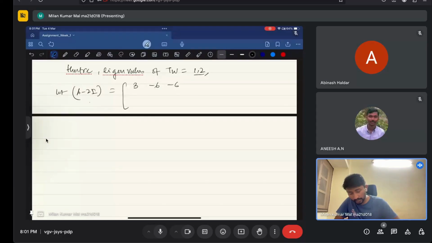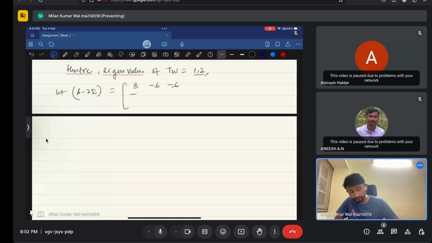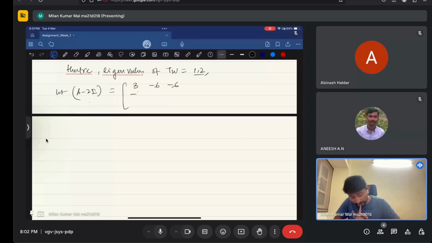So (A minus 2I)x equals 0, with x equal to (x, y, z). But note that all these three rows are scalar multiples of each other, so essentially we have just one equation.